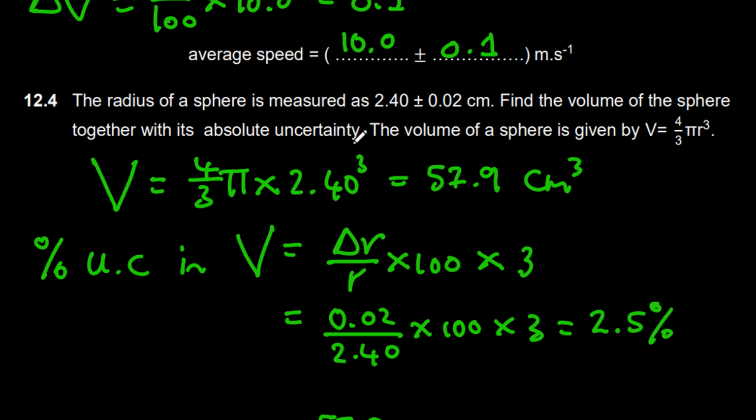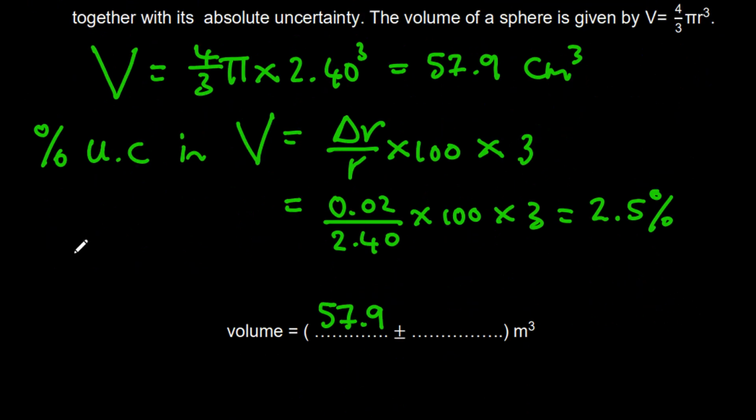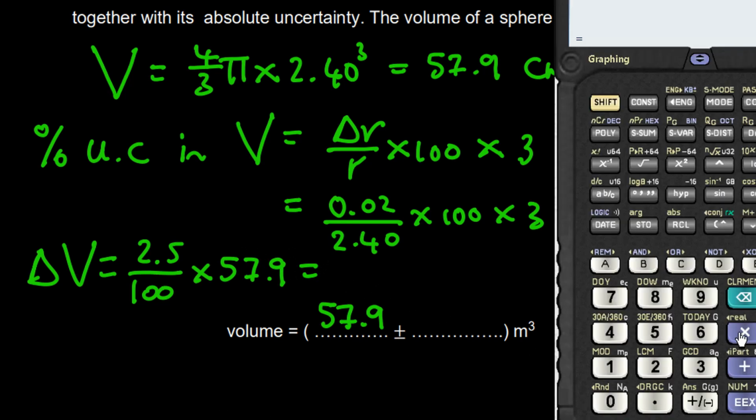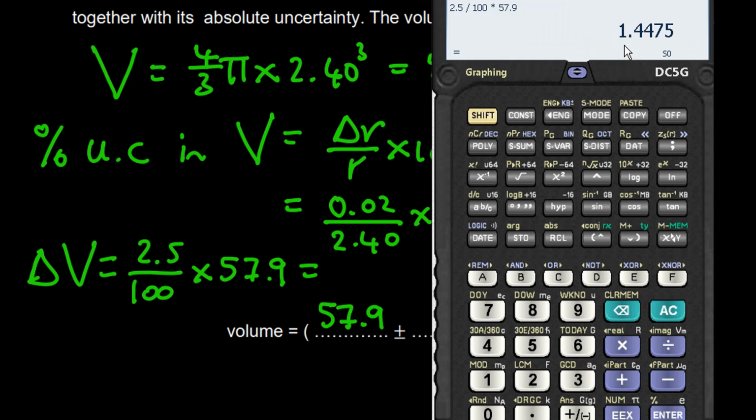Now we can find the absolute uncertainty in V. So delta V is just going to be the percentage uncertainty multiplied by the measurement. And we get an answer of 1.4475.